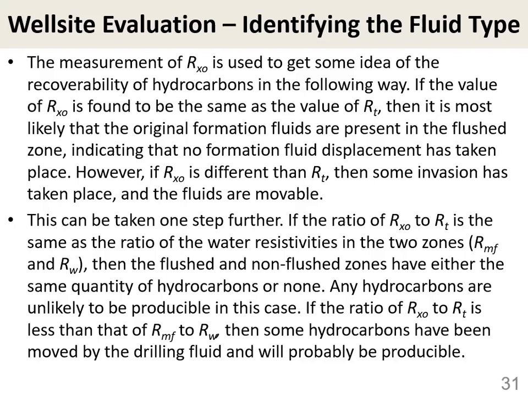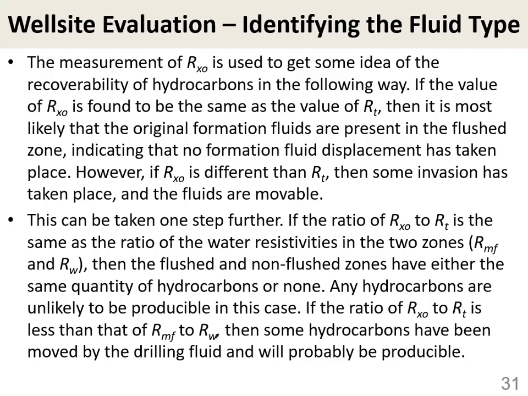If these two ratios are the same, then the flush zone and the non-flush zone have either the same quantity of hydrocarbons or none at all. Any hydrocarbons are unlikely to be produced in this case.